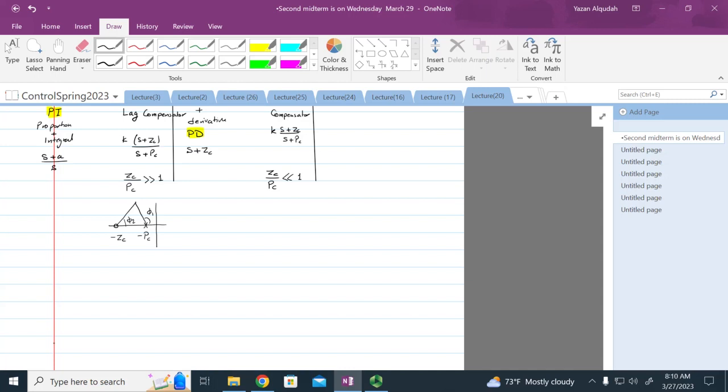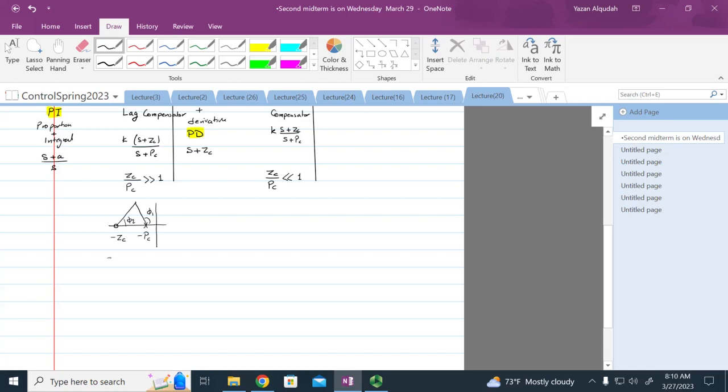Yes, and one way to say that is the summation of the angles from the zeros minus the summation of the angles from the poles must equal an odd multiple of 180 degrees. I'm going to write it down. I'm sure we wrote it down.